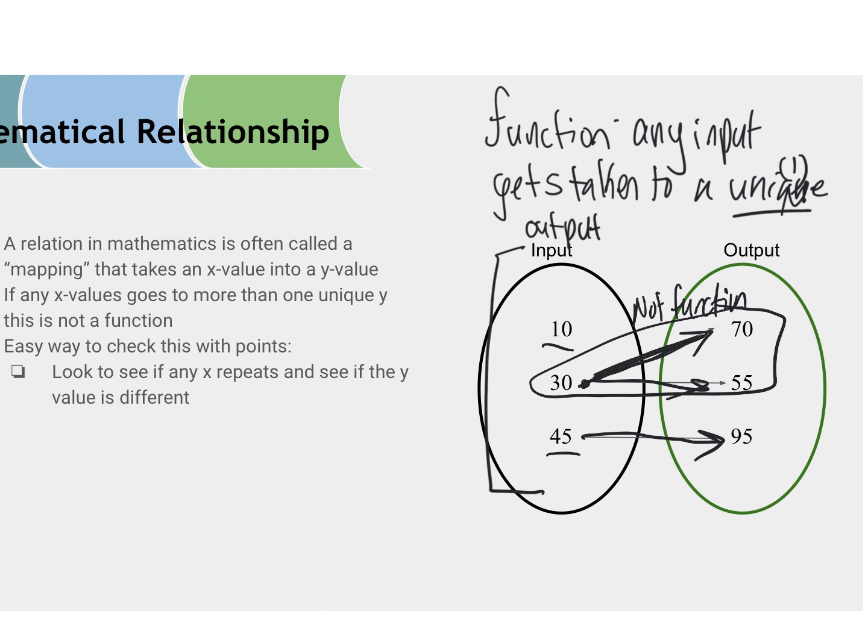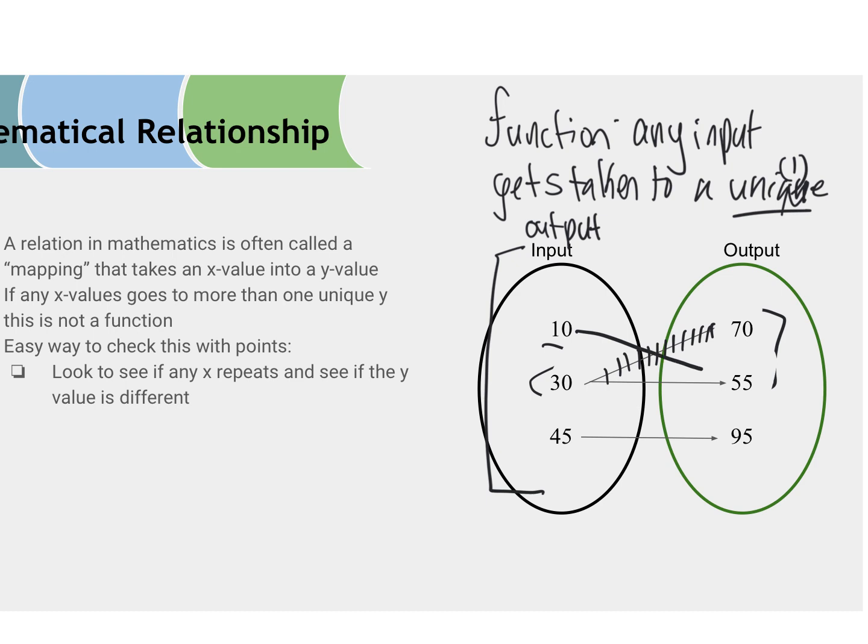to only one option. Now, with that being said, it's okay for multiple inputs to go to the same output. So, for example, let's pretend that this line is no longer here. Let's ignore that. But let's say 10 now goes to 55. Is that okay? And the answer is yes, because it's two different starting points that just end up at the same location.